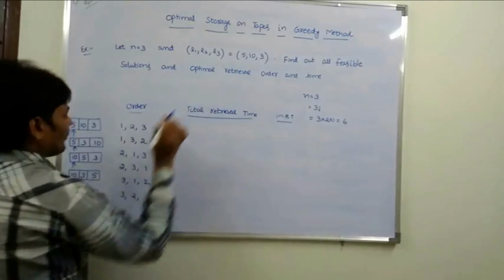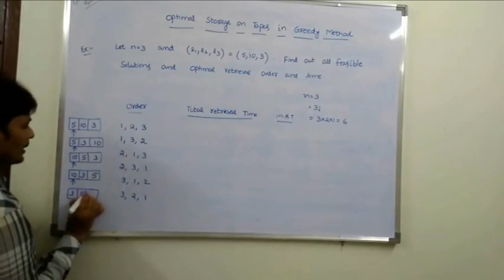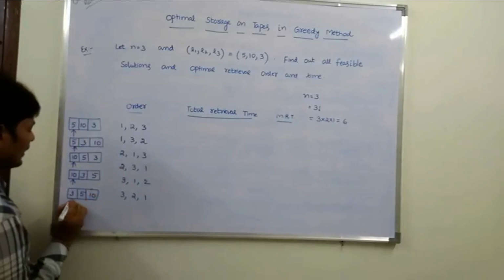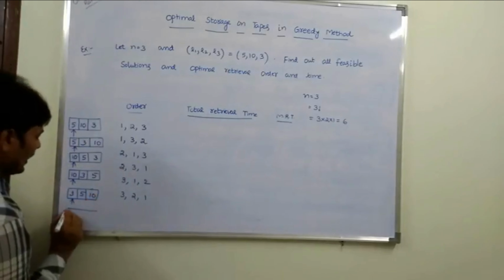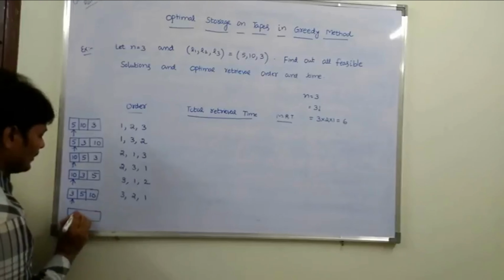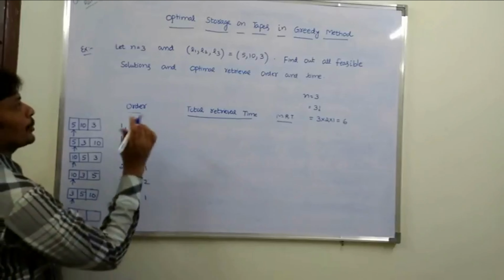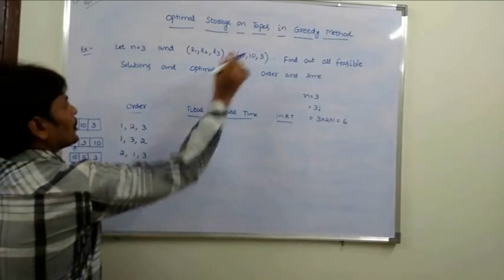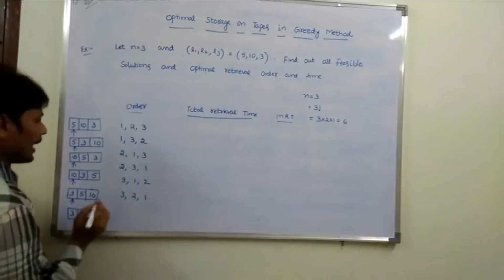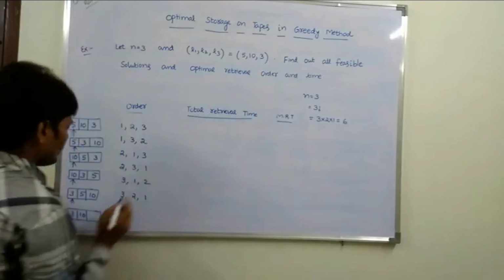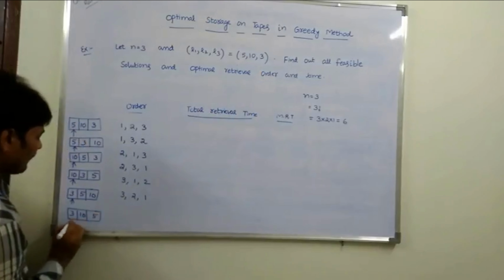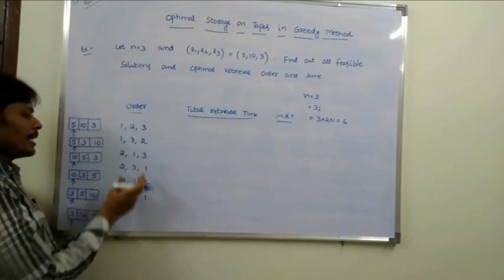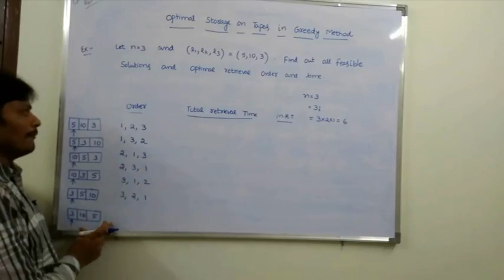Next, first program length is 5. Next, second program length is 10. Next, last order. Third program length is 3. Next, second program length is 10. Next, first program length is 5. So in this way we are arranging these 6 possible ways.